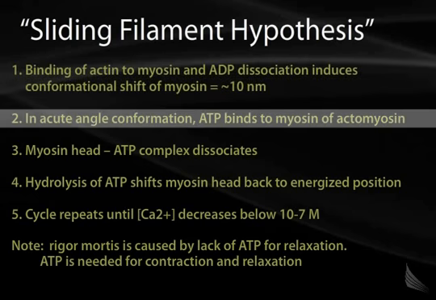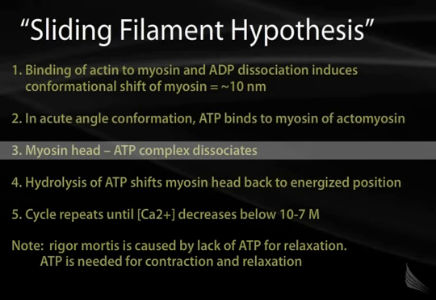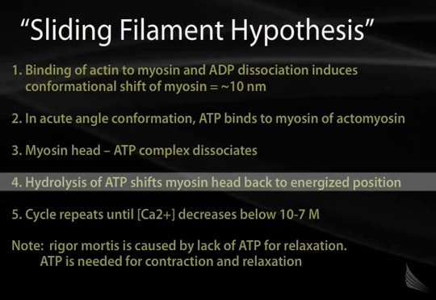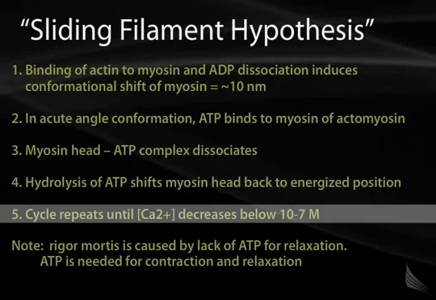In this acute angle conformation, ATP will bind this myosin portion of the actin-myosin conglomerate. That will cause dissociation of the myosin head from the actin-myosin complex. ATP will hydrolyze. That will release energy. That will shift myosin back to its energized position. And as mentioned before, this whole cycle will repeat until calcium levels drop below 10 to the negative 7 molar.